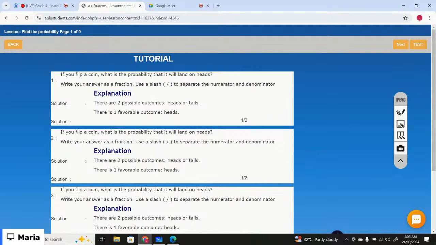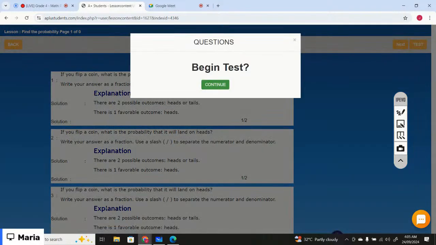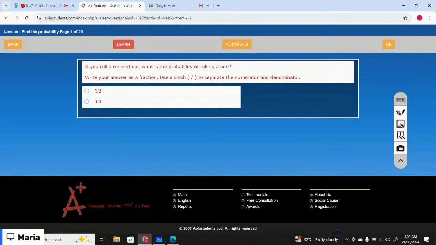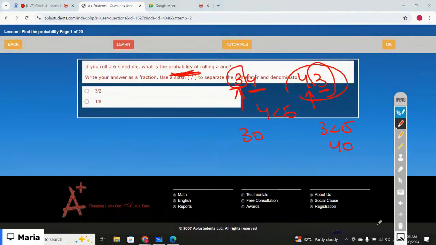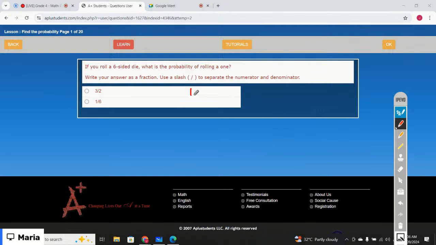Let's start with the test questions. If you roll a six-sided die, what is the probability of rolling a 1? So which is the correct option? When you roll a six-sided die, you have a total of 6 outcomes: 1, 2, and so on.